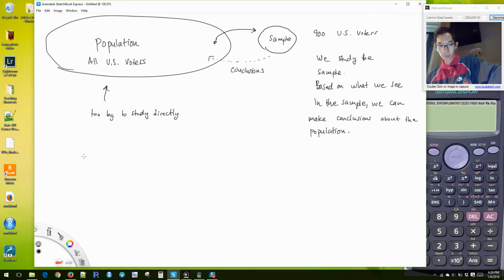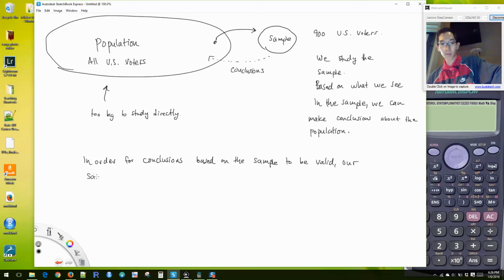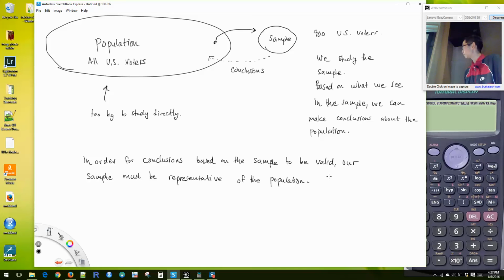So, conclusions based on the sample, our sample must be representative of the population, okay?